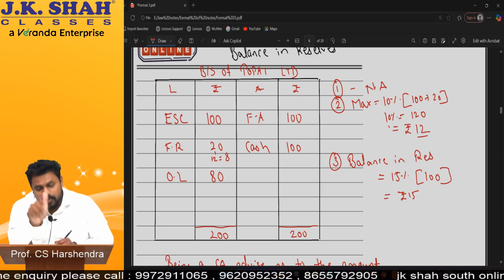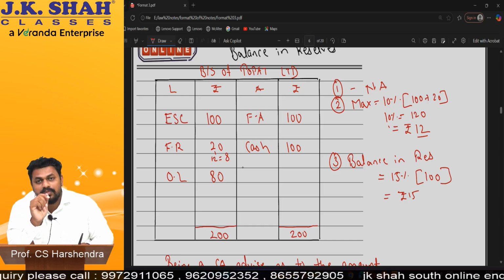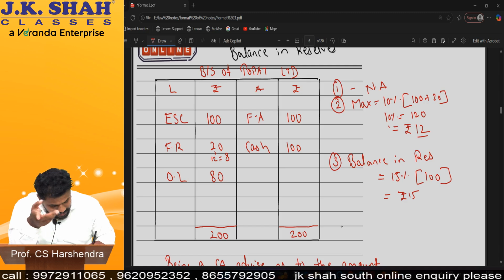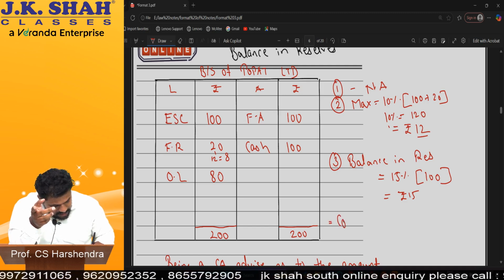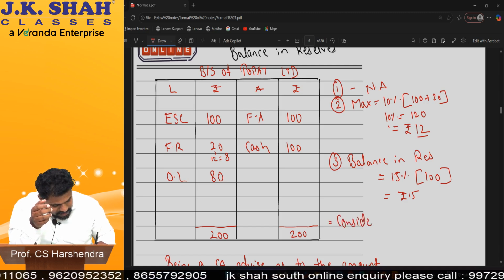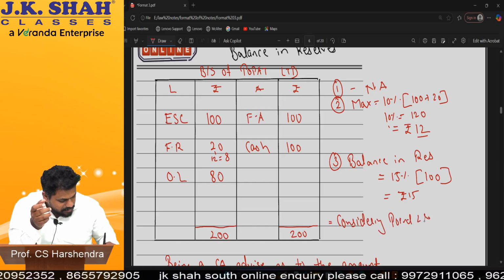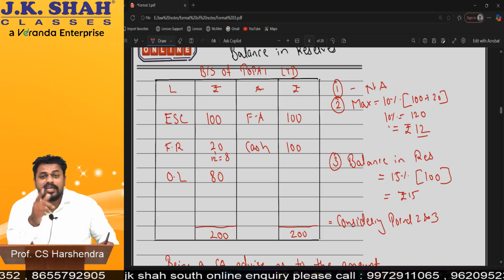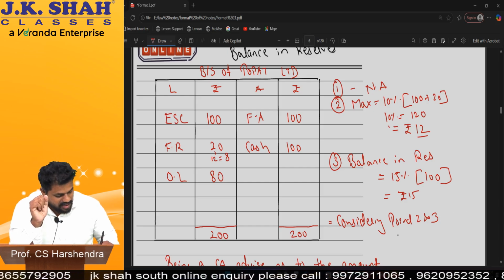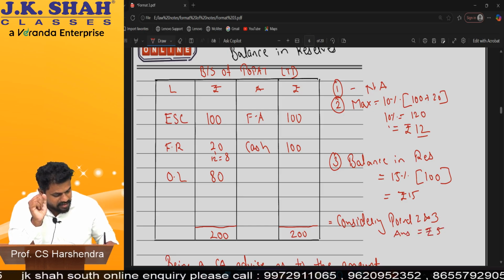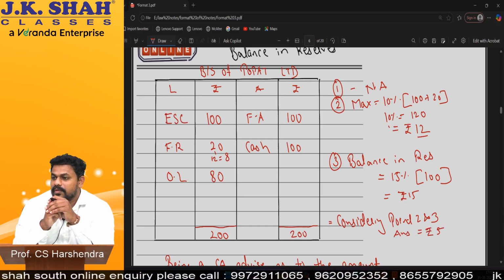So I have to keep at any point how much, beta? 15 rupees. So can I use 12 rupees? No. So considering the second and third points, what is the maximum amount which I can utilize? Only 5 rupees. Okay, answer is rupees 5. Am I clear with this? Everyone? Clear?